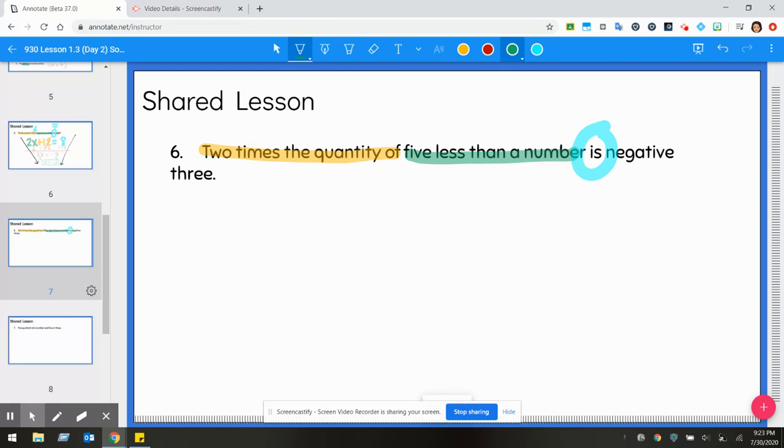Let's go ahead and write this out. So 2 times the quantity indicates parentheses, 5 less than a number. That's where I'm going to go ahead and switch those terms, right? It's 5 less than the number, is negative 3.